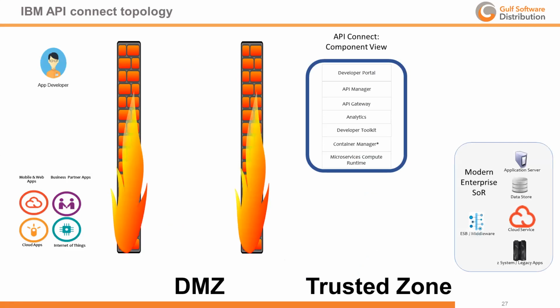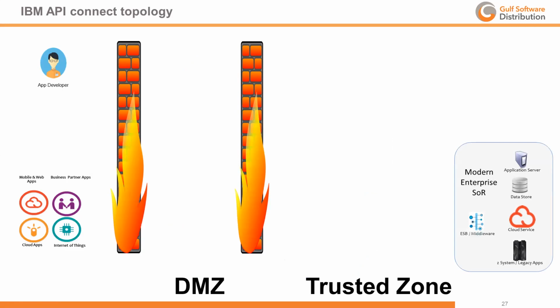So this is again a different view of how the end-to-end flow works in an API management in IBM API Connect. So basically, you would have a lot of assets which are built within your organization, and you might want to expose these assets as APIs. So you start off by developing those APIs using the developer toolkit, and you publish them onto the API management console.